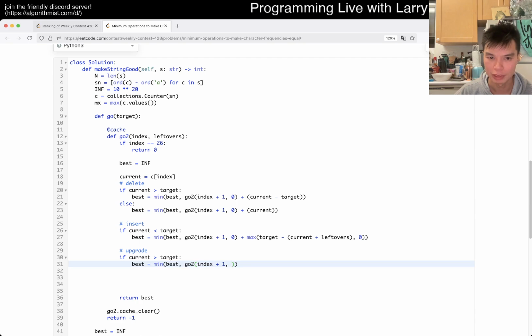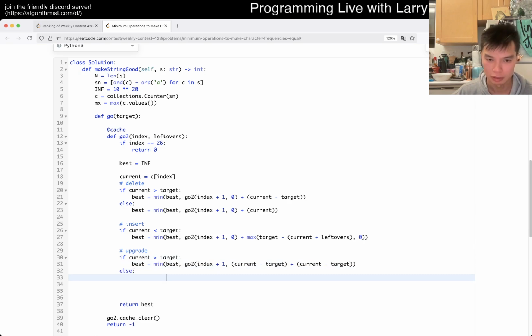But because we upgraded, this will be 0 plus. Oh no, this is upgraded. So current minus target is the leftovers, plus current minus target. We can also upgrade to 0. So yeah, same idea as the other one as well.